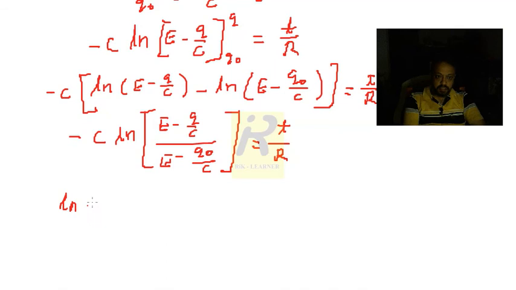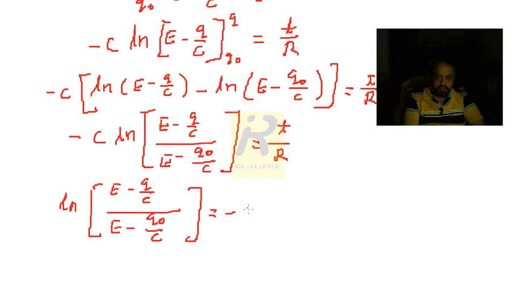So that becomes natural log of (E minus q divided by C) whole divided by (E minus Q0 divided by C), and on this side it is minus t divided by RC.